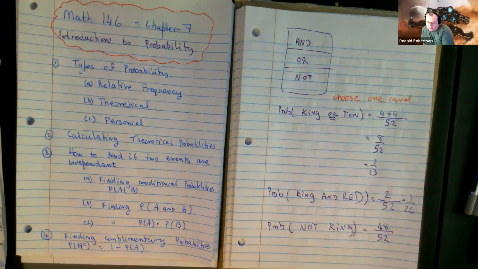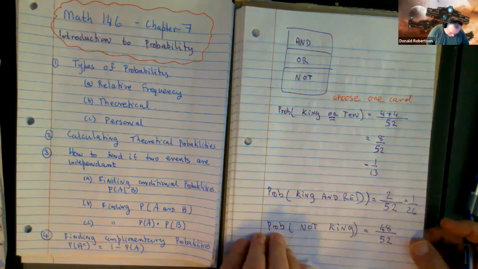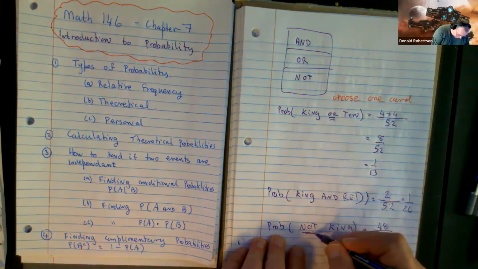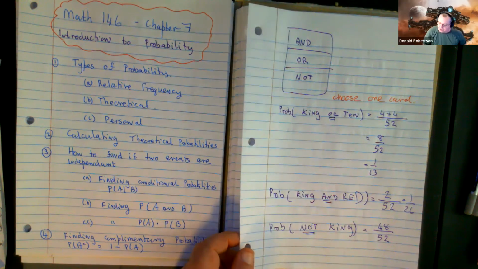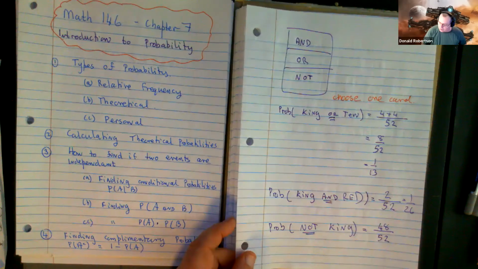Now, you could simply count all the cards that are not kings, and there are 48 of them. Or couldn't you just simply say, well, there are only 4 kings, so that means the rest is 48? Isn't it a little bit quicker than counting all the queens and jacks and aces and so on? Now, are we comfortable then with what not and or mean in the context of picking a single card?